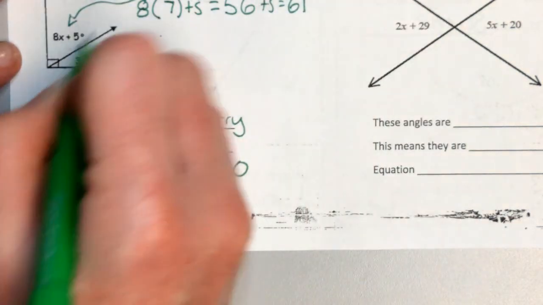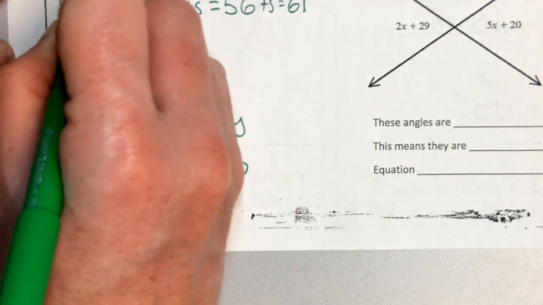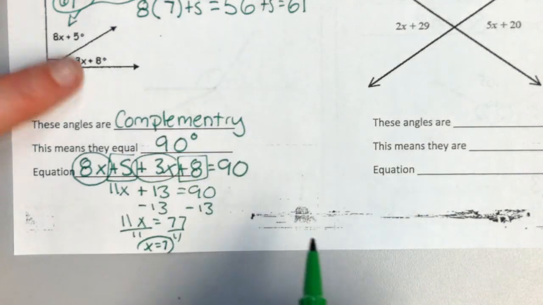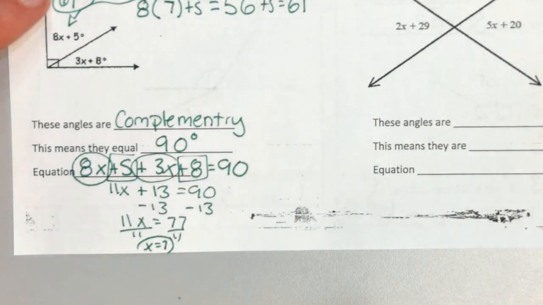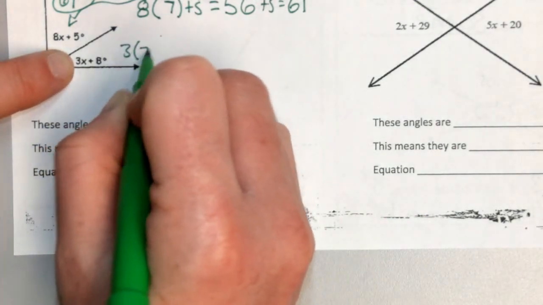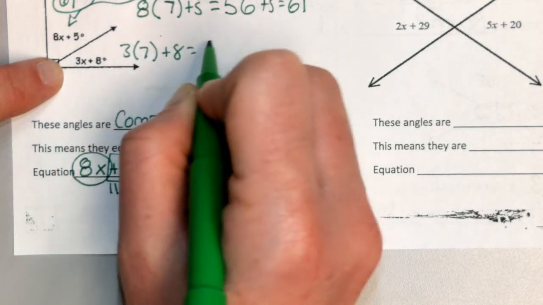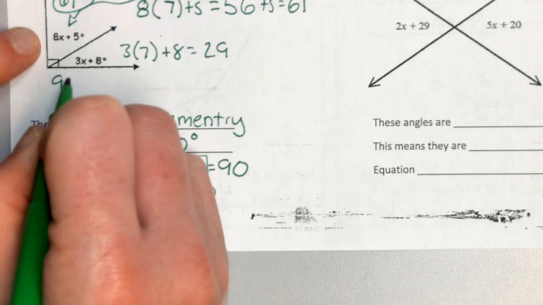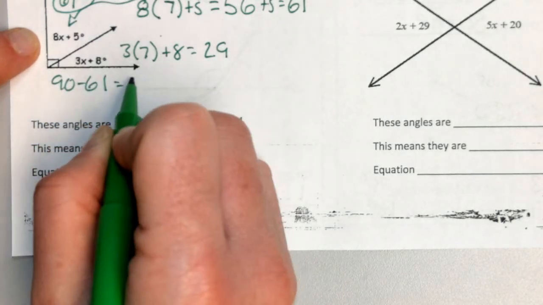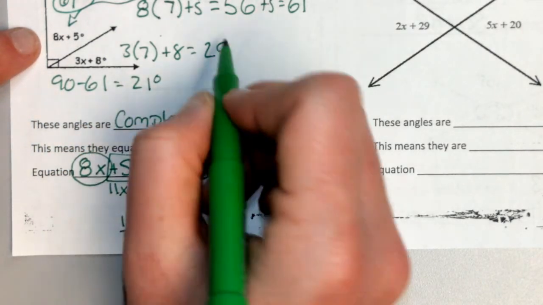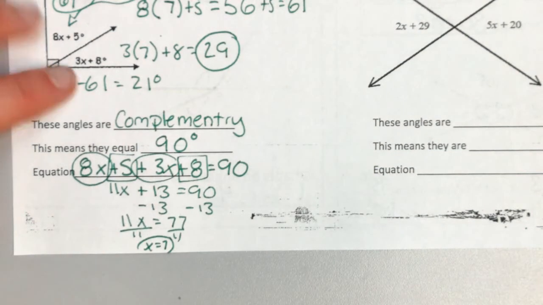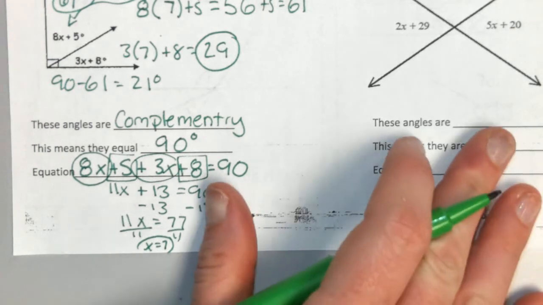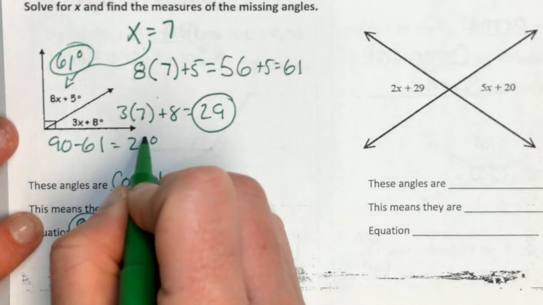All right, so this angle is 61 degrees. To do this one, you can plug 7 back in. 3 times 7 is 21 plus 8. Or you could do 90 minus 61, and you'll still get 29. So either way, you could evaluate an expression, or once you do it to one, you can just subtract to find the other.